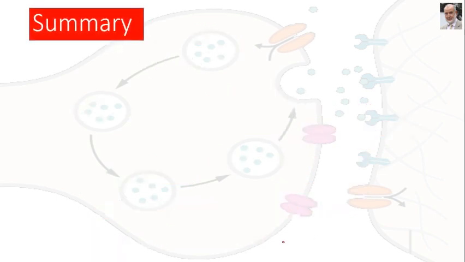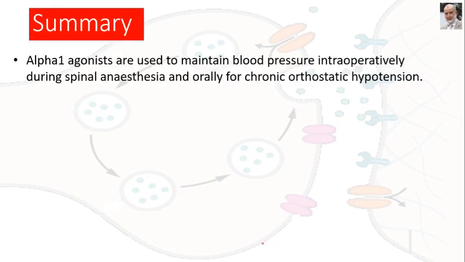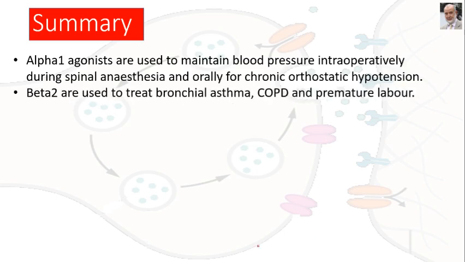sympathomimetics. So in summary, what we have talked about today: we talked about alpha-1 agonists, and they're used to maintain blood pressure intraoperatively during spinal anesthesia, and orally for chronic orthostatic hypotension. We talked about the use of beta-2 agonists in treatment of bronchial asthma, chronic obstructive pulmonary disease, and in premature labor.